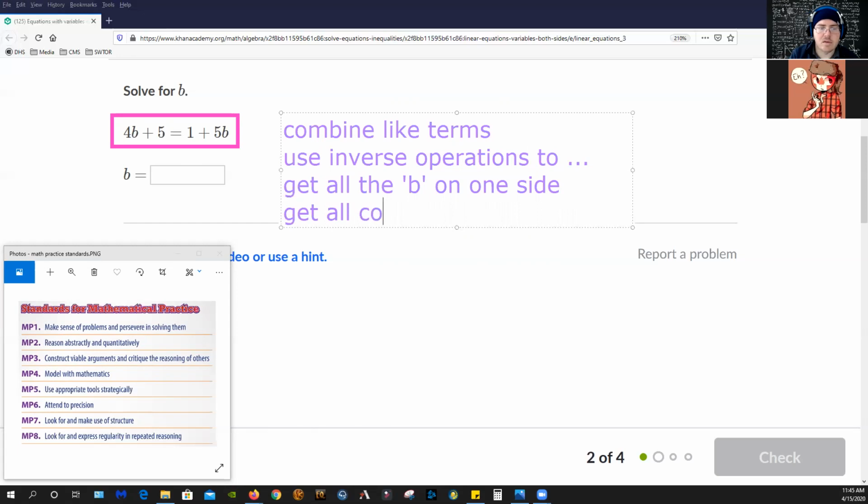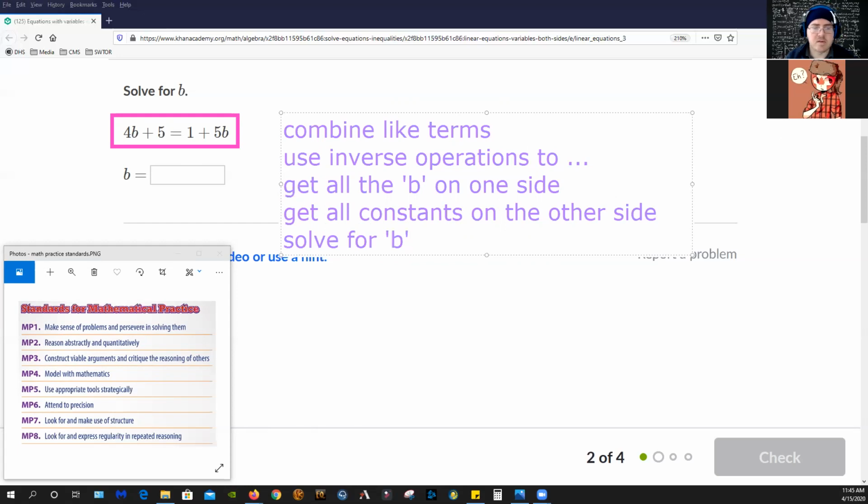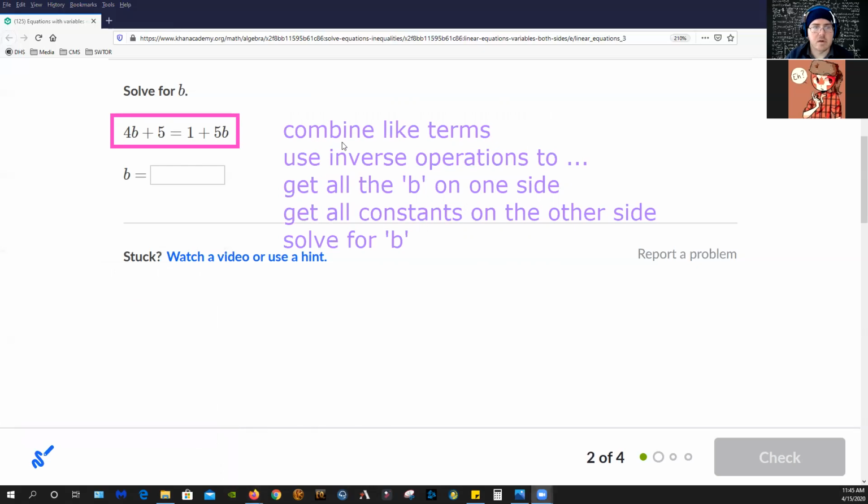Get all constants on the other side. And then solve for B. Okay, let's see if you can pull that off without much assistance.